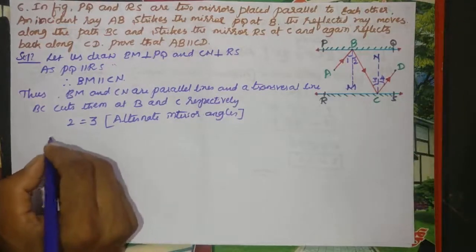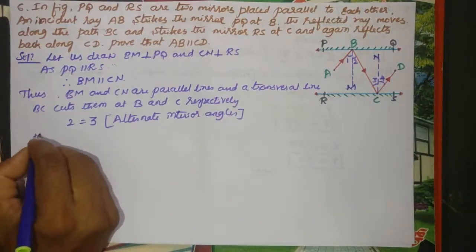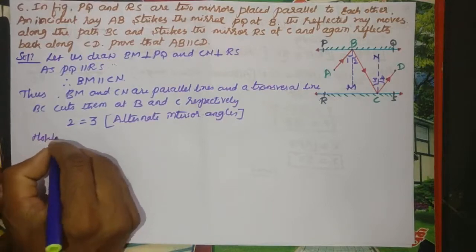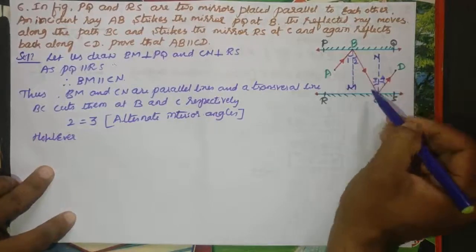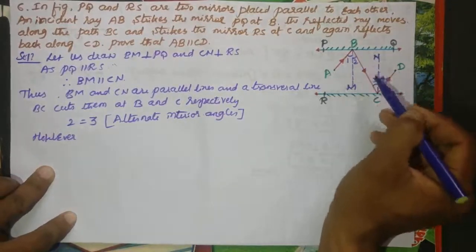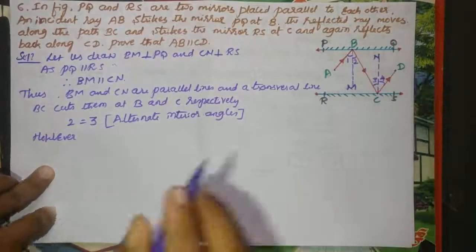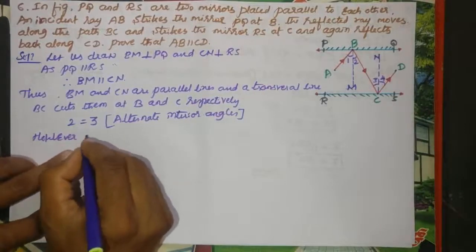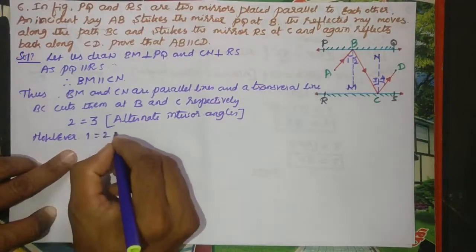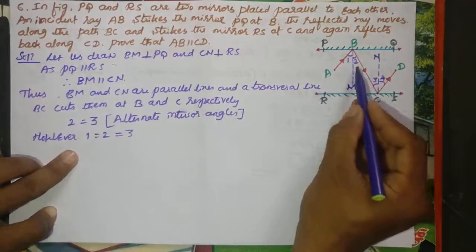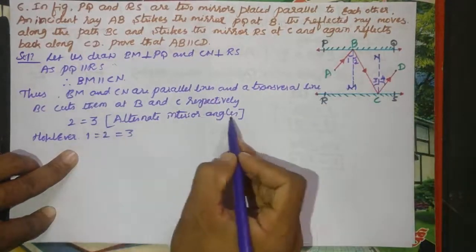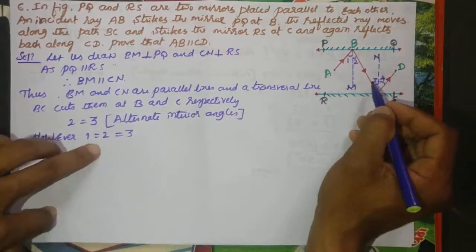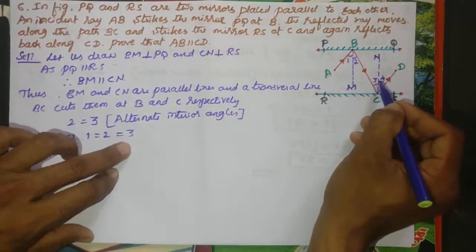However, by laws of reflection it is AB, BC and CD. 1 is equal to 2, and 2 is equal to 3 because they are alternate interior angles. So 1 is equal to 2 is equal to 3, and 3 is equal to 4.